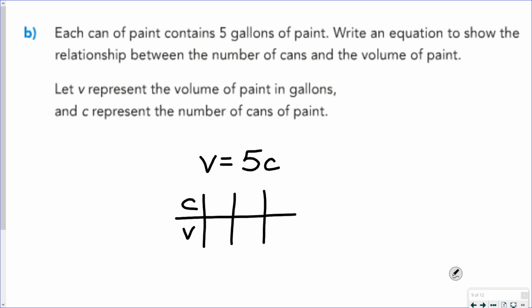If you buy 4 cans of paint, you put 4 in for C, 4 times 5, that's 20 gallons of paint. If you buy 7 cans of paint, 7 times 5 is 35 gallons. If you buy 11 cans of paint, 11 times 5 is 55.